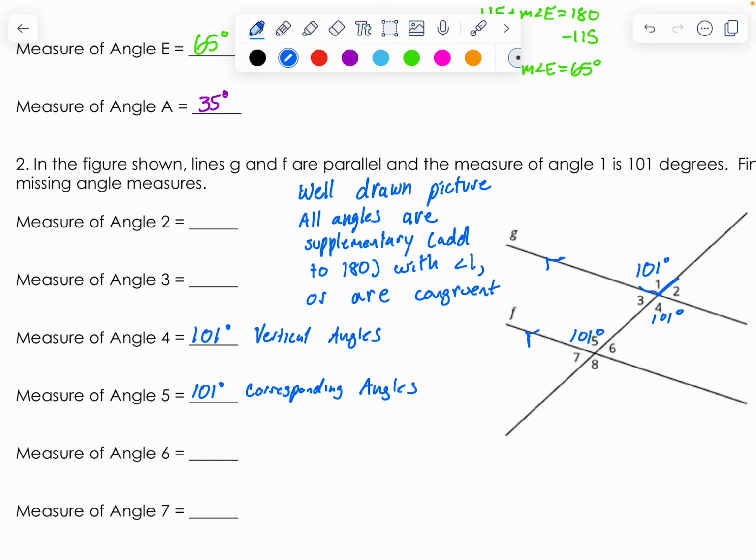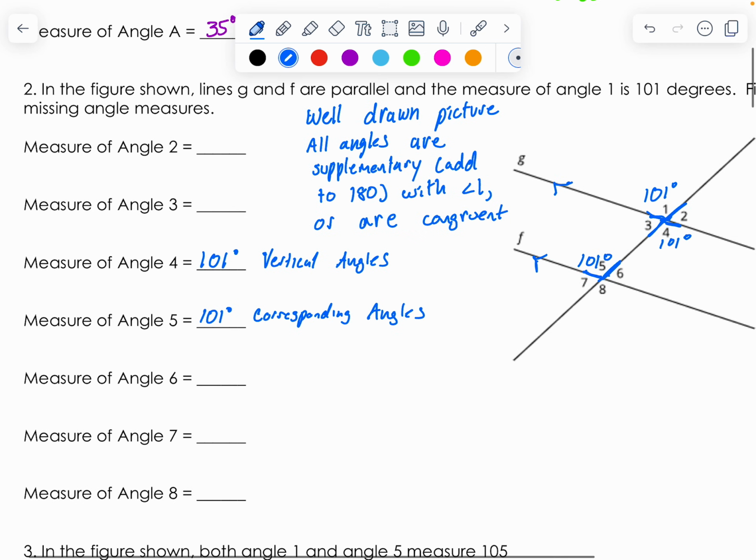So I can draw in this picture, angle 1 and angle 4 are vertical angles, angle 1 and angle 5 are corresponding, and then angle 8 is 101 degrees. And we'll write vertical angles VA with angle 5.